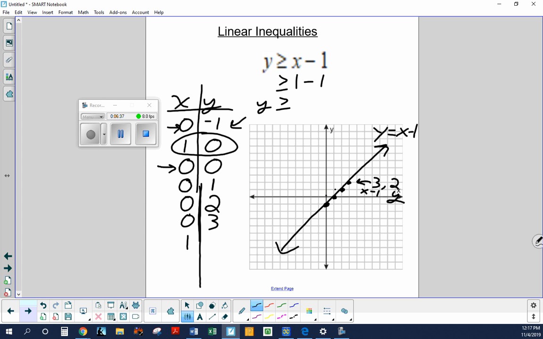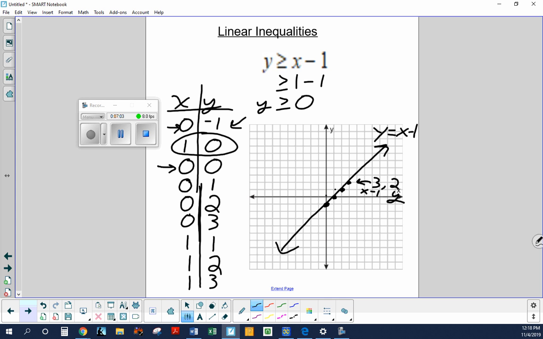If x is 1, yes, y can equal 0, but y could also be anything bigger than 0. So it could be 1. That's a valid solution when x is 1 and y is 1. If x were 1, y could be 2. If x were 1, y could be 3. All of these points are valid solutions to the inequality y is greater than or equal to x minus 1.